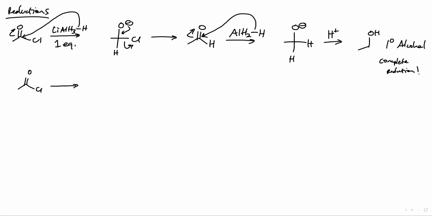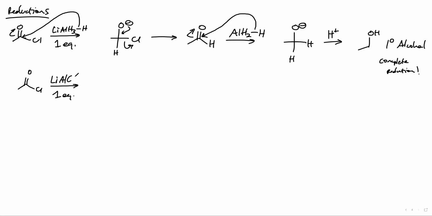Well, what if we again use the 1 EQ limit, and we reduce the number of hydrides on lithium aluminum hydride? Essentially, what if we turned lithium aluminum hydride into something that had 3 R groups and 1 hydrogen?